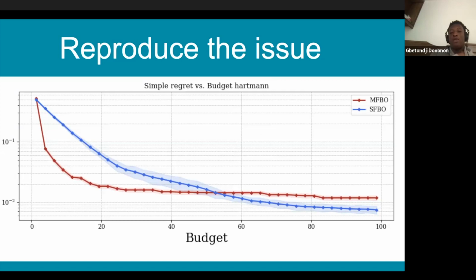But then for some reason, even when it starts sampling the higher fidelity, so for instance on Hartman, I've had a look at it, I think from even before that, around 40, it starts sampling almost exclusively the highest fidelity. But then the performance does not improve that much after that point.